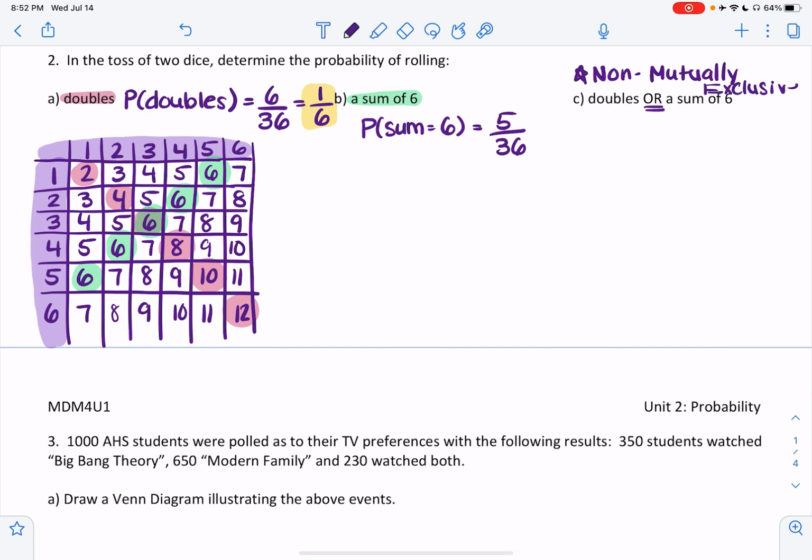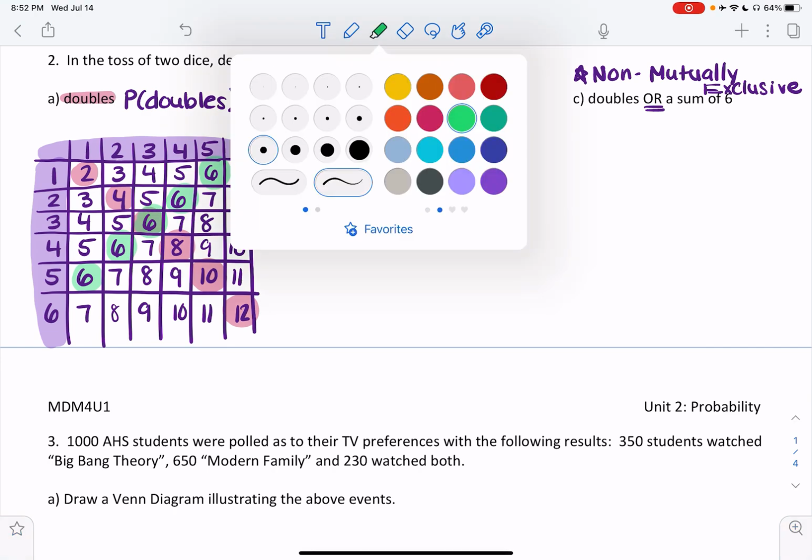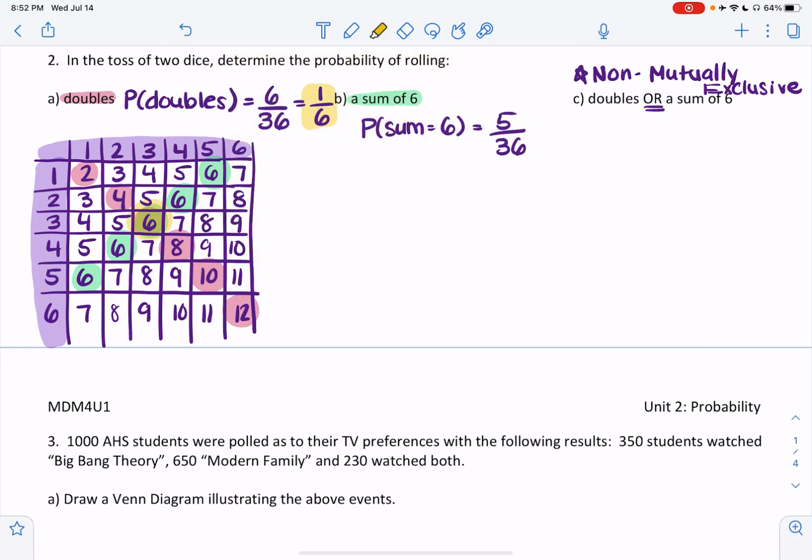And this is because of this right here. In the middle, we can simultaneously have doubles, a 3 and a 3, as well as a sum of 6. So at the same time, we can have doubles and a sum of 6. So these are not mutually exclusive.